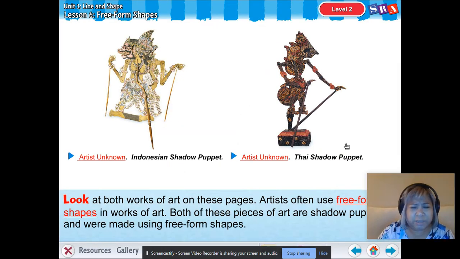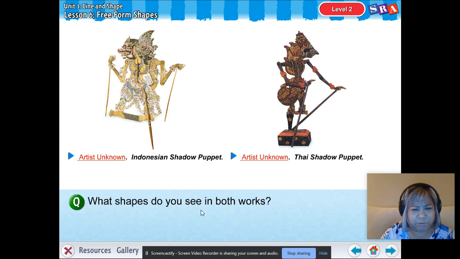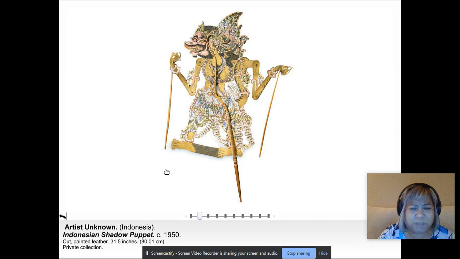Look at both works of art. Artists often use freeform shapes in their works of art. Both of these pieces are shadow puppets, and they're made using freeform shapes. Study both works of art to find the freeform shapes. What shapes do you see? They're both freeform shapes, obviously.